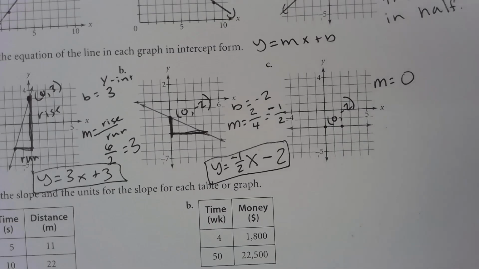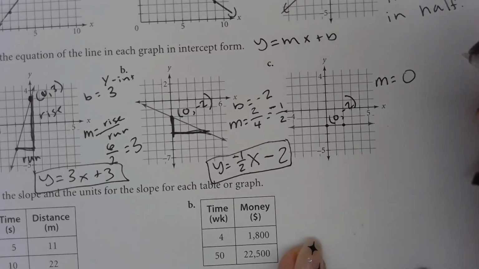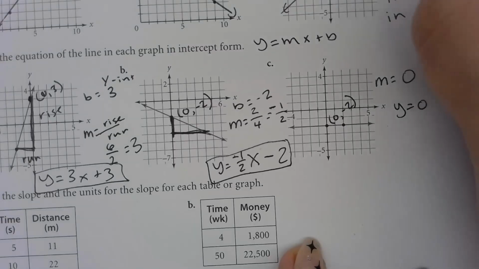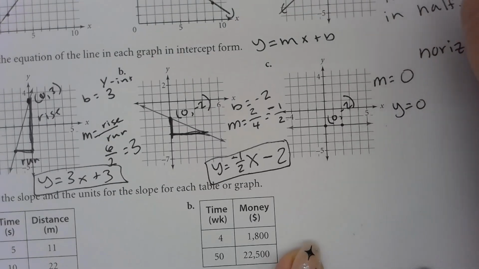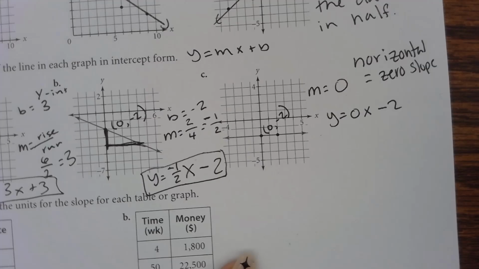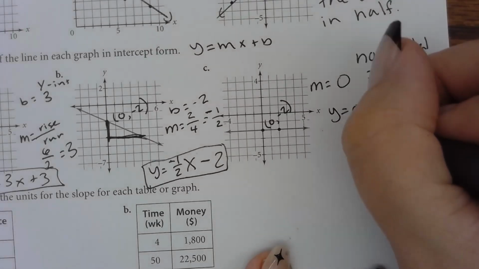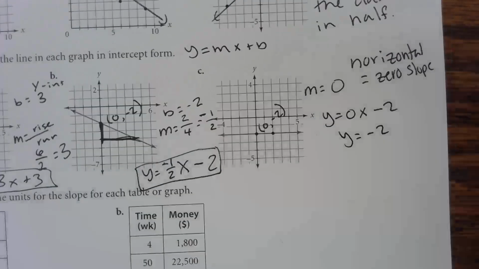So with a 0 slope, we know it's y equals, horizontal lines equals 0 slope. So 0x minus 2. We don't necessarily write 0x, it's going to be y equals -2. Horizontal lines are going to be y equals a number, vertical lines are going to be x equals a number.